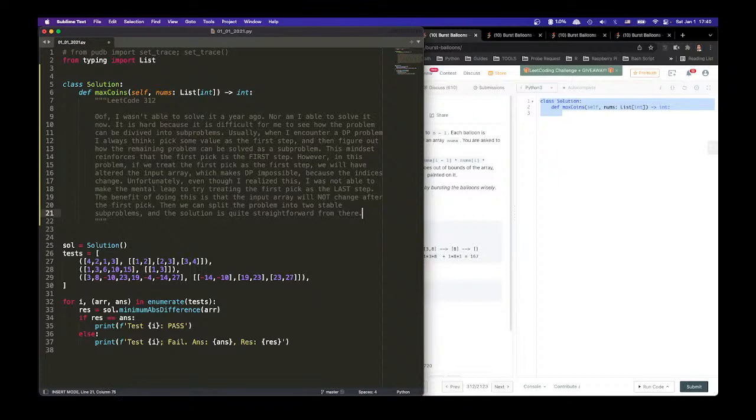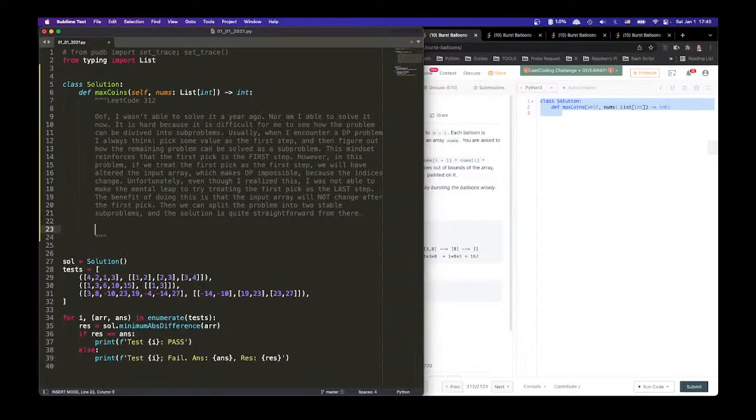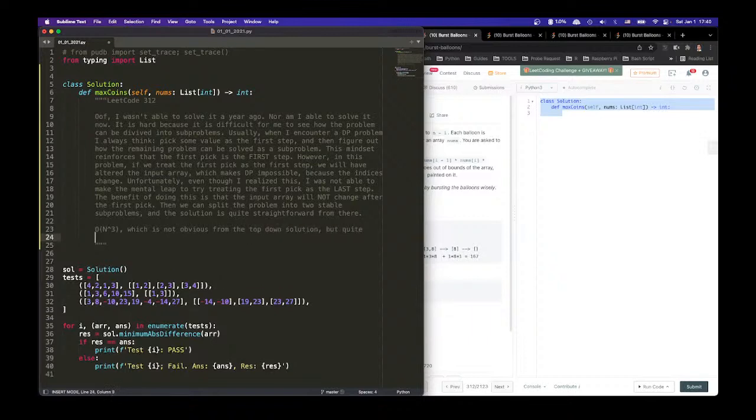So yeah, that's that. It's O(n cubed), which honestly is not obvious from the top-down solution, but quite obvious from the bottom-up solution.